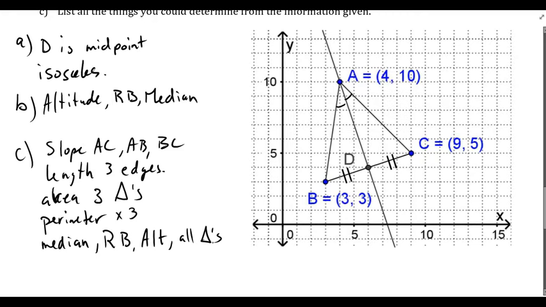Sarah? If you drew all the medians, there'd be like a point where they all meet. What's that called? So inside. Yeah, what's that point called from yesterday? Who remembers? The centroid. So you could find the centroid.